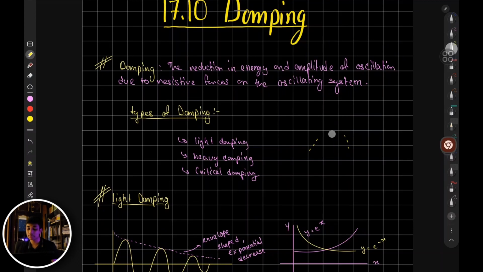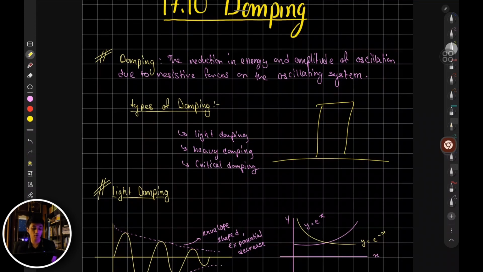So basically, damping is in some cases useful. Let's say you have an earthquake and you don't want your building to fall off, because if you have a building and it keeps oscillating back and forth, it's going to shatter and break off.